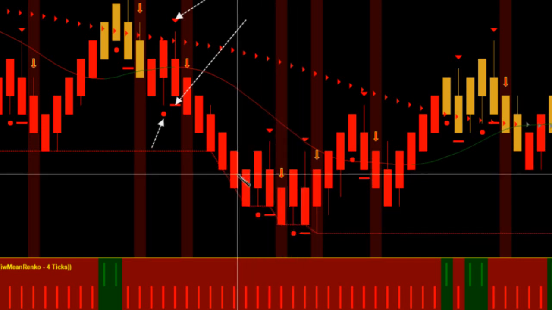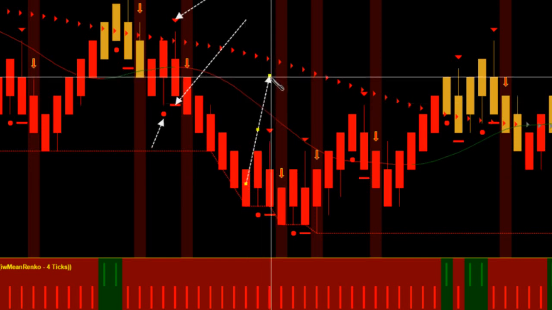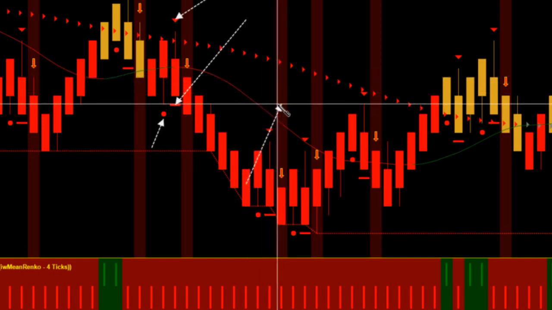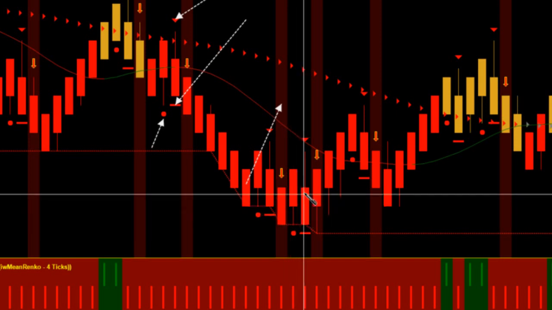There's a few reasons. One of the things that I like to look for, especially if I'm just scalping without the trend as guidance, I need the bars to come back into this pocket for me. So because this one didn't, I skipped this one, and this one didn't, I skipped this one.